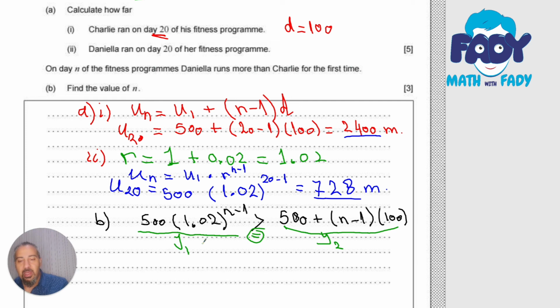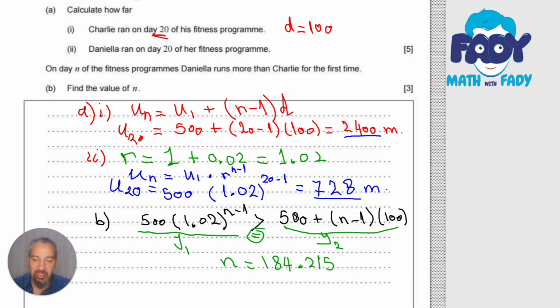So when you insert this into the calculator and find the intersection point, we will get n equals 184.215. But we know that n is the term number, the day number.